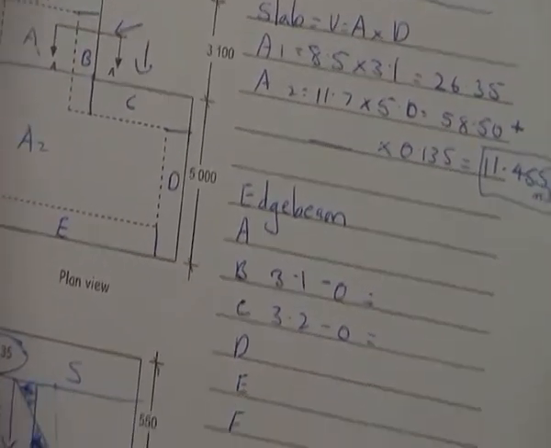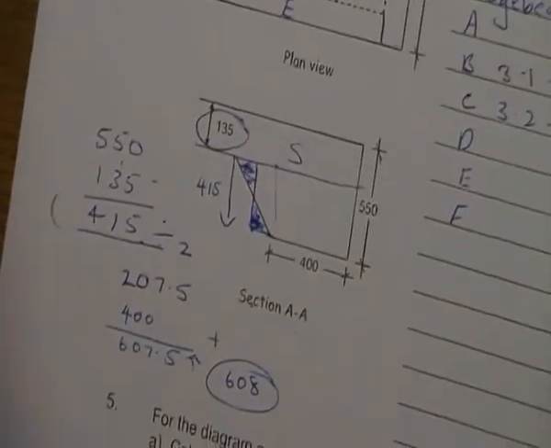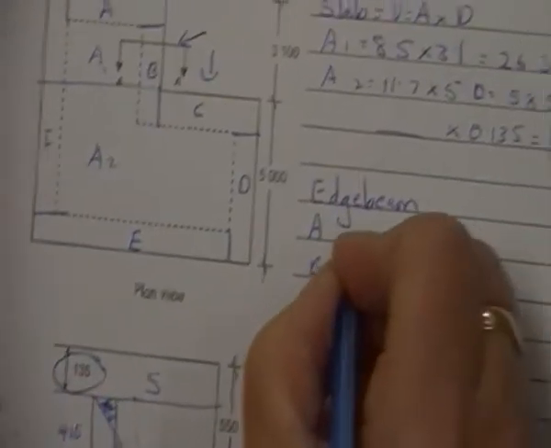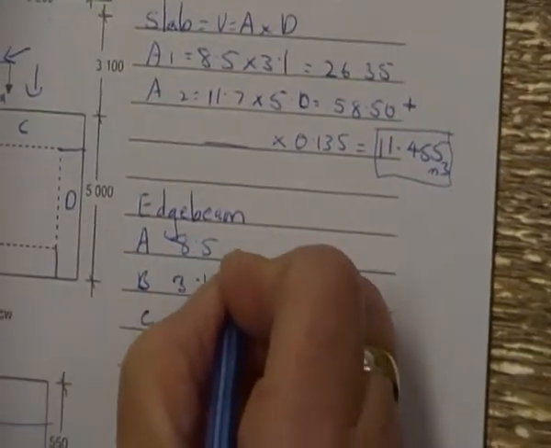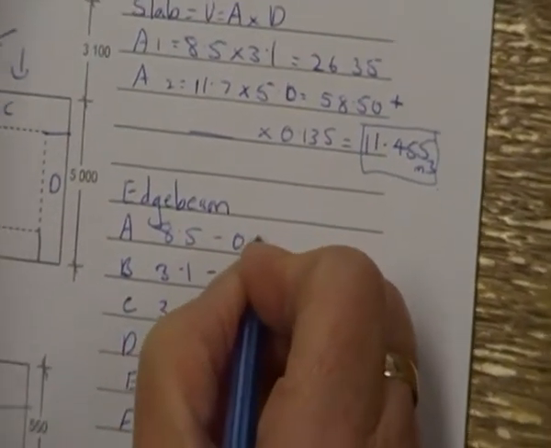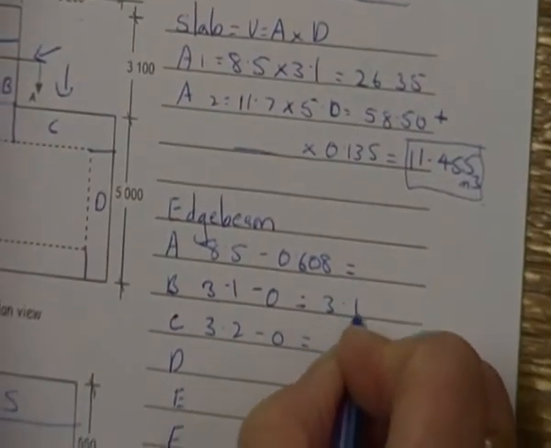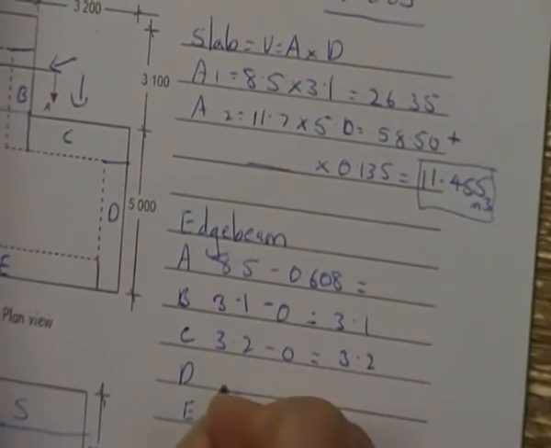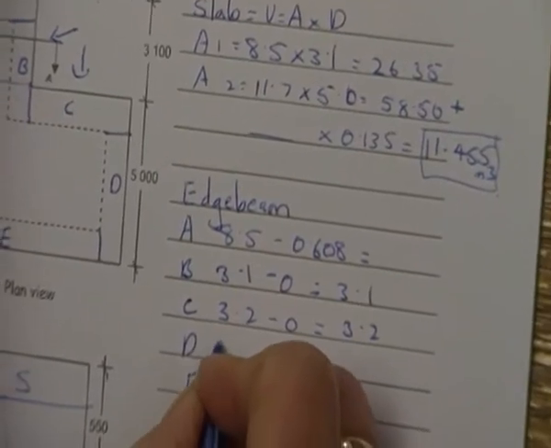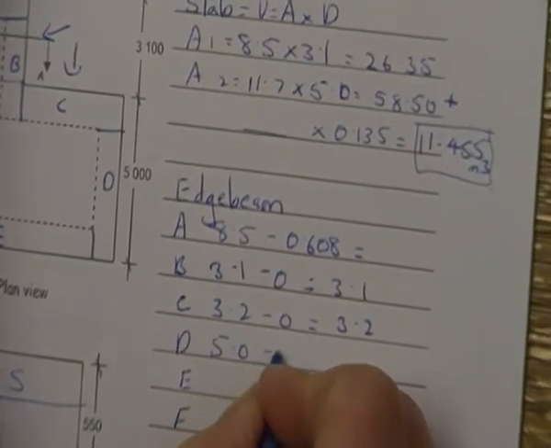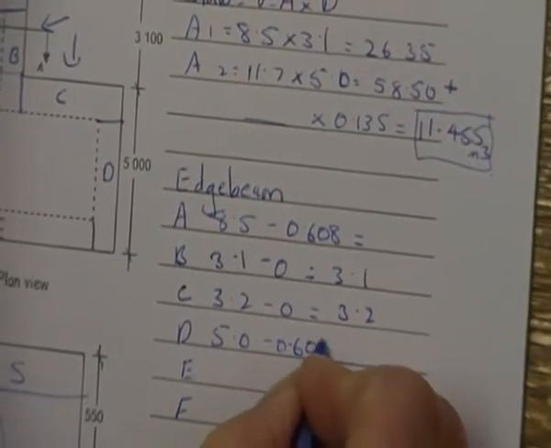The rest of them we're going to be taking off this figure of 0.608. So A is 8.5 minus 0.608. That's 3.1 there, 3.2 there. D is 5 minus 0.608.